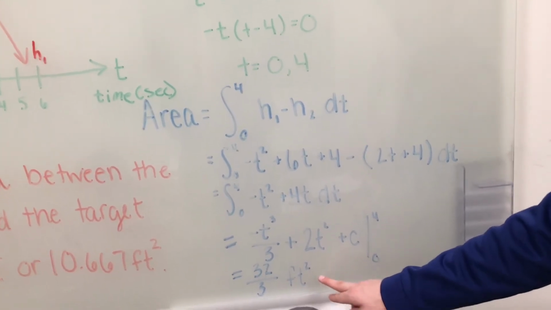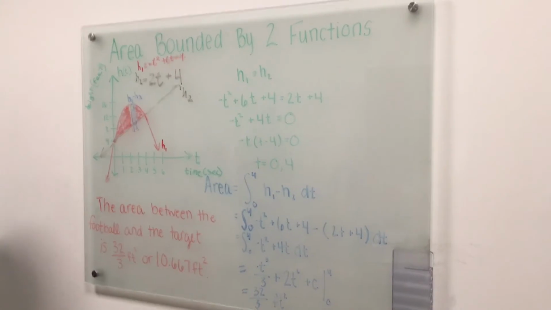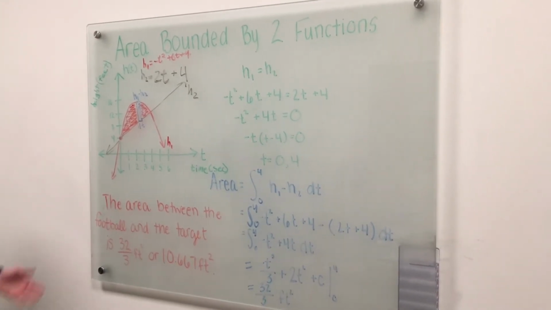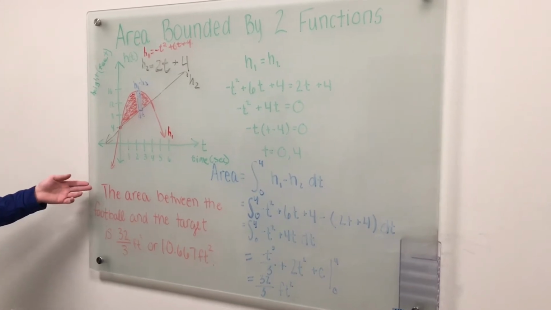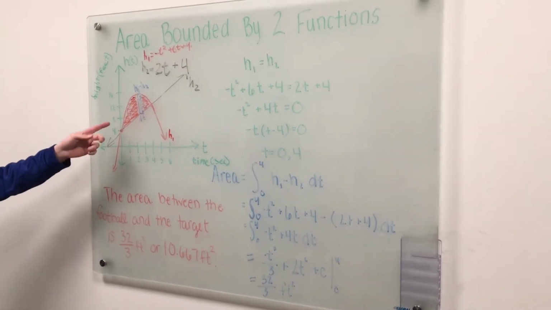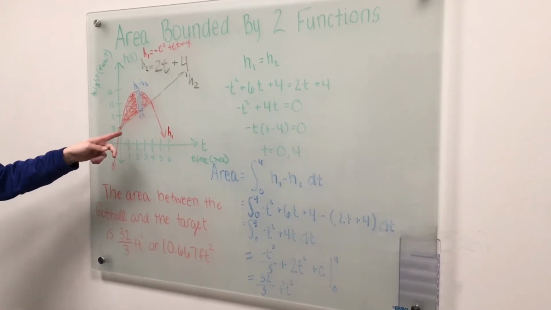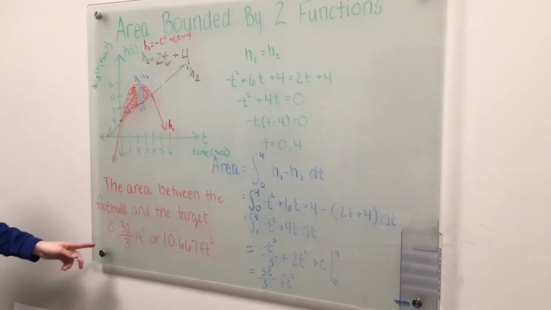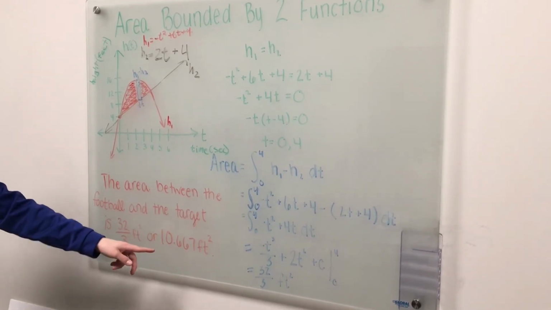And when we solve that, we get 32 over 3 feet squared. So when we put our answer in sentence form, we find that the area between the function of the football and the function of the target from 0 to 4 seconds is 32 over 3, or 10 2/3 square feet.